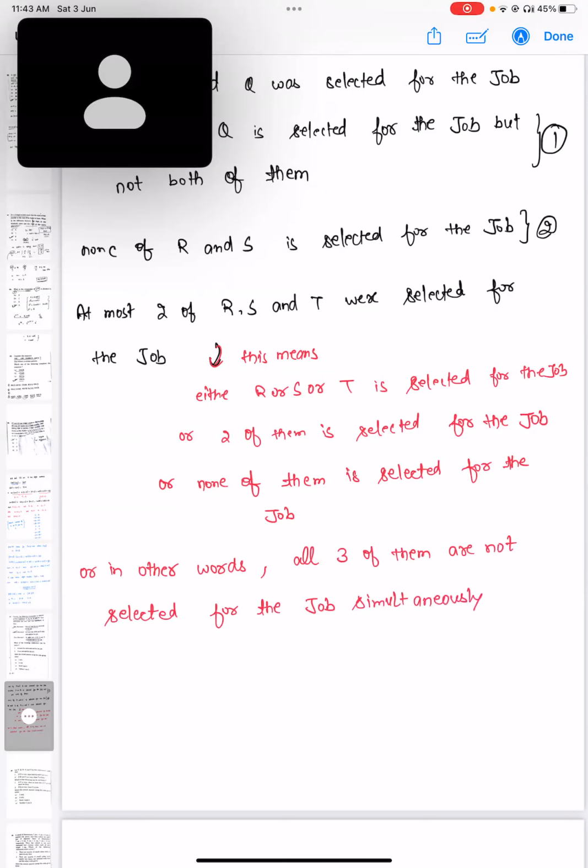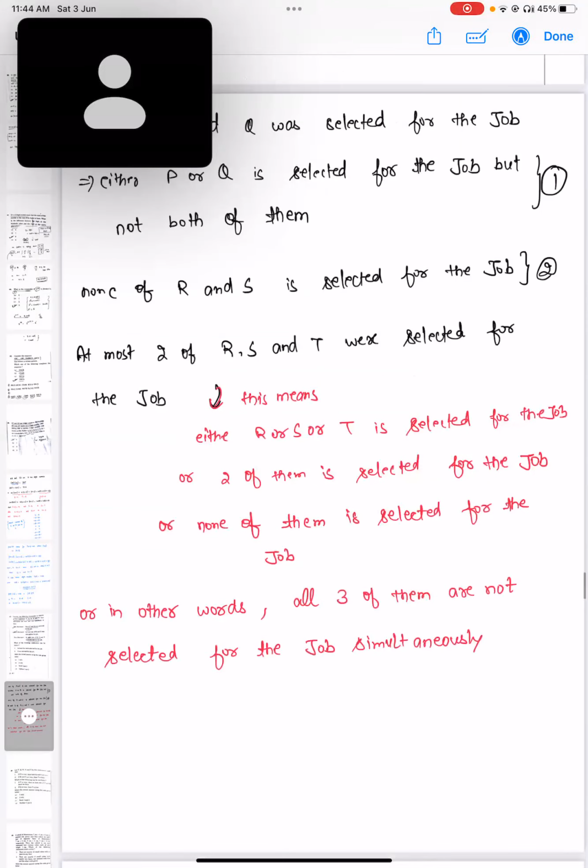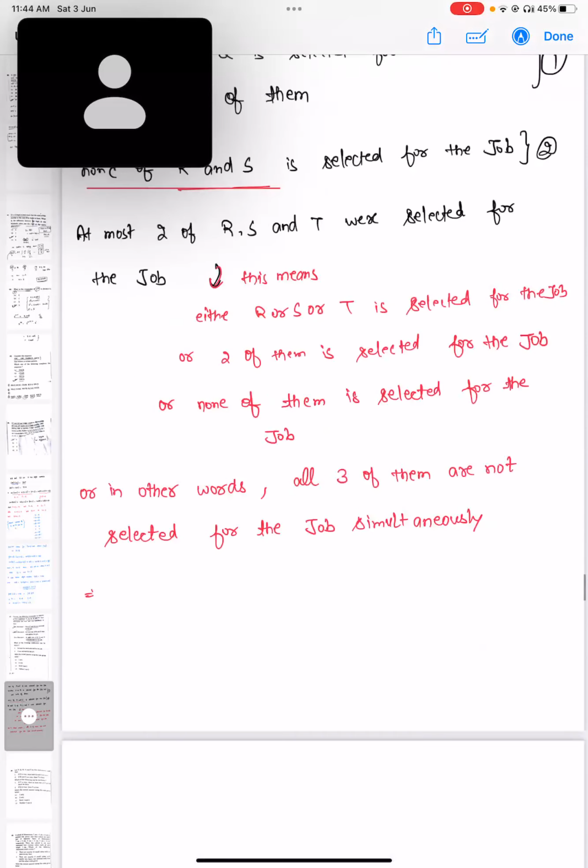Fine. But from equation 2, we already know none of R and S is selected for the job. So this implies T may or may not be selected for the job.